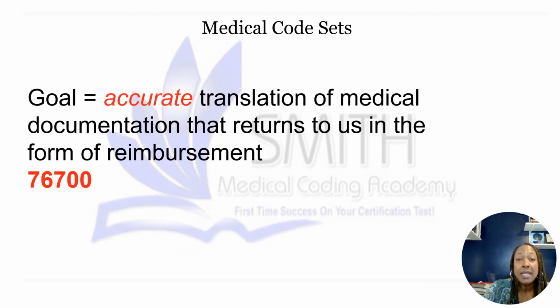Our goal in medical coding is accurate translation from the medical documentation into a code set. So we've determined that our physician did a complete abdominal scan, but somehow he has to let us know that two organs, the spleen and the kidney, were not under his review during the scan.